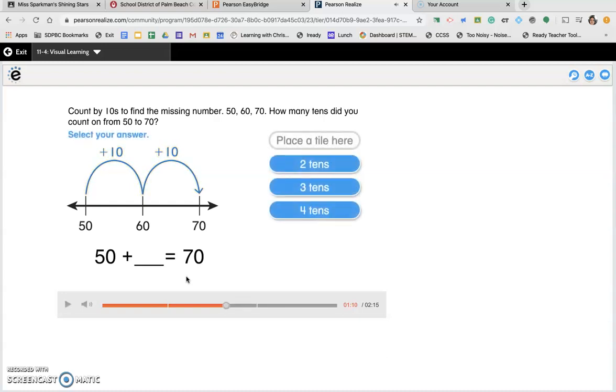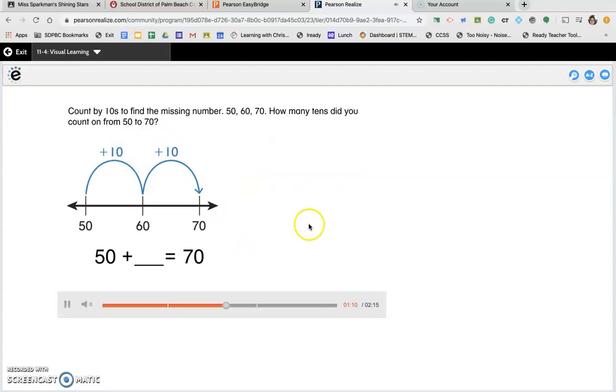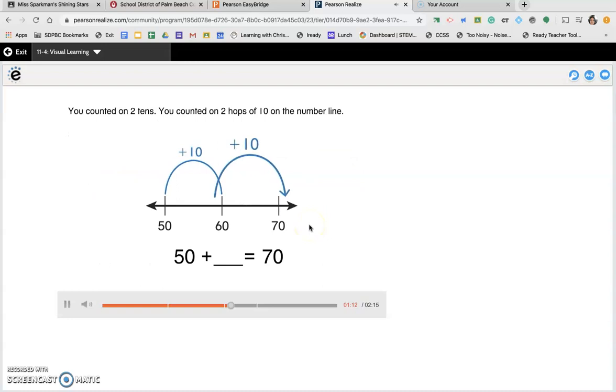Select your answer. Did we count on 2 tens, 3 tens, or 4 tens? Let's count. 1, 2. So our answer would be 2 tens. You counted on 2 tens. You counted on 2 hops of 10 on the number line.